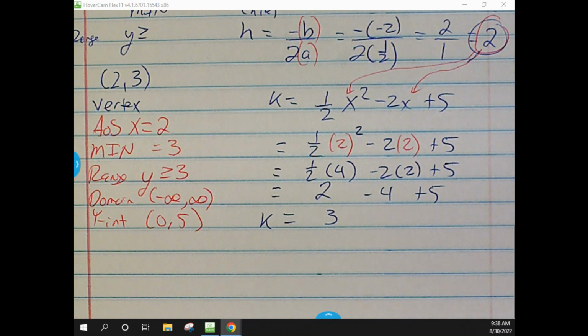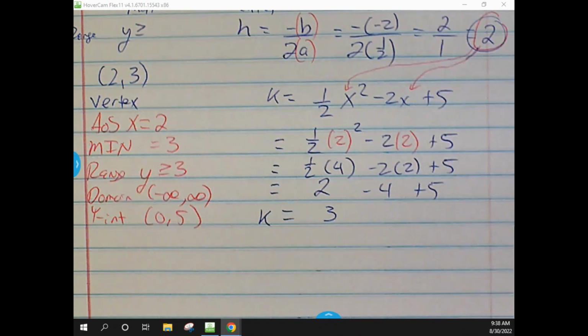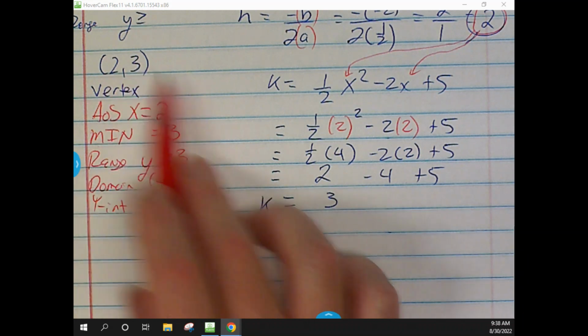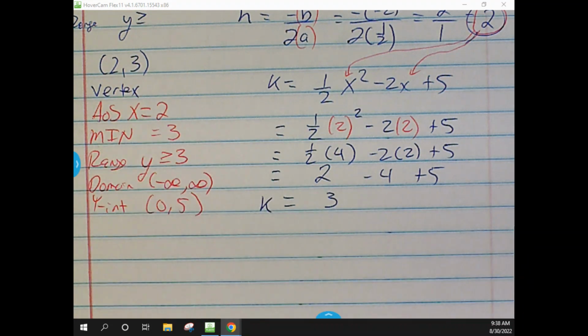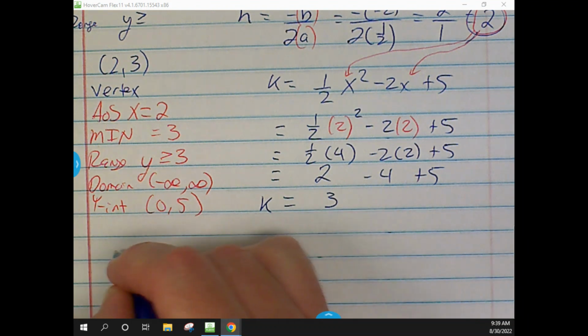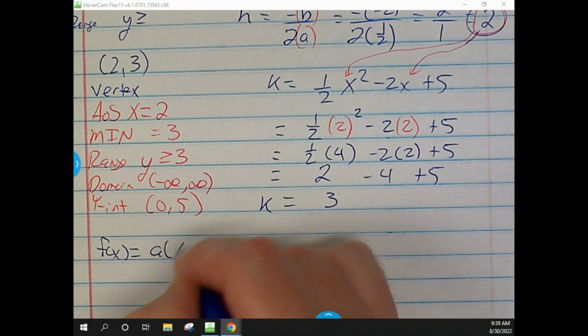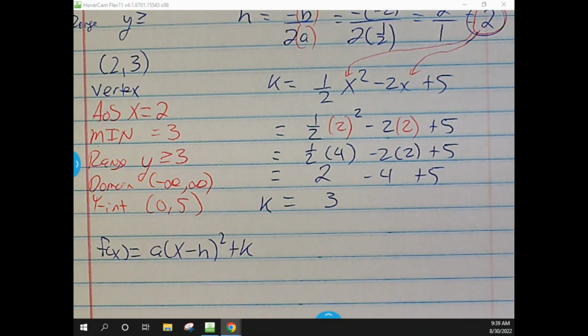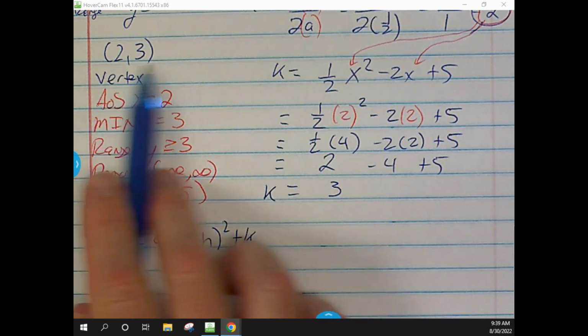Oh, and then the equation in graphing or vertex form is, again, taking these values for h and k and plugging them back into the function. So again, that was going to be f of x equals a times x minus h squared plus k. We're going to plug in this for h and k.